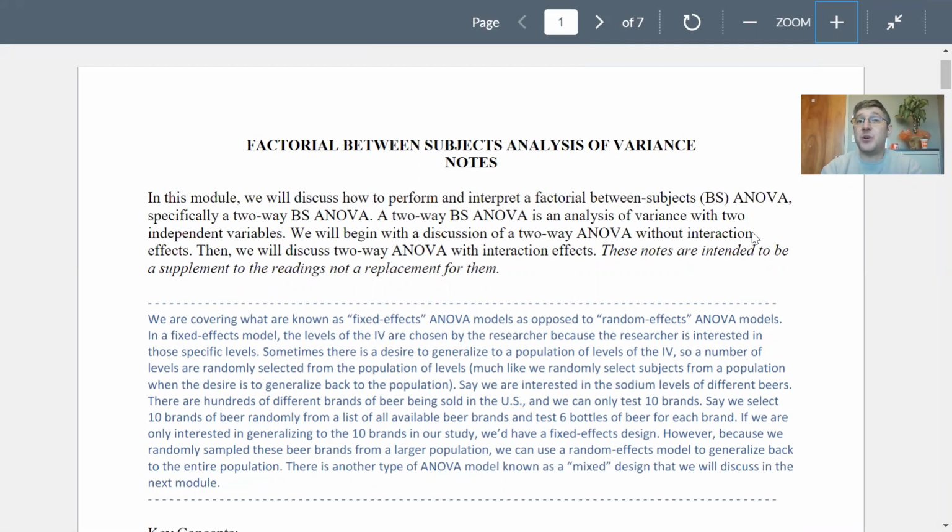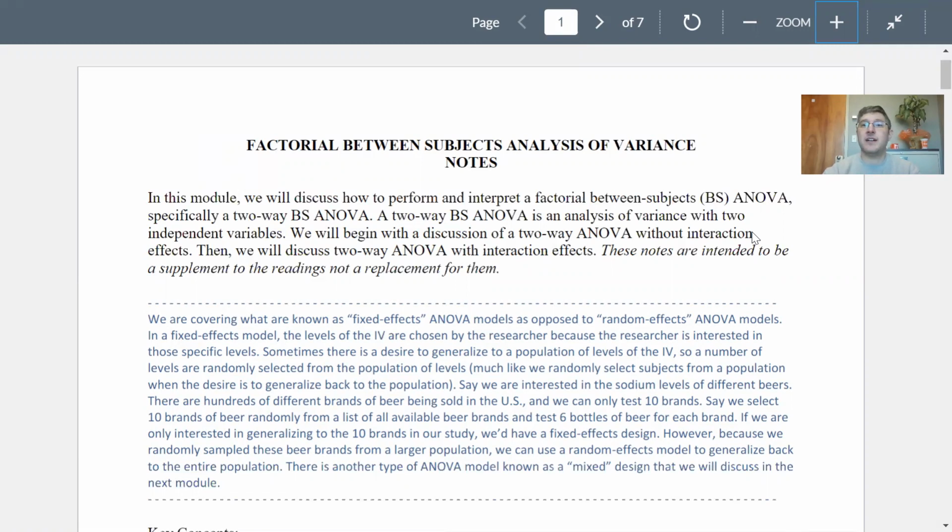So for the factorial between subjects analysis of variance, here we're going to have more than one independent variable. This is basically an extension of the one-way between subjects analysis of variance. Instead of just having one independent variable, we're going to have 2 or more. All the examples I'm going to give you are going to be 2-way between subjects ANOVAs, but you could also have 3, 4 ways. They just get a lot more complicated, but all of the stuff is basically the same with the higher level ANOVAs as well.